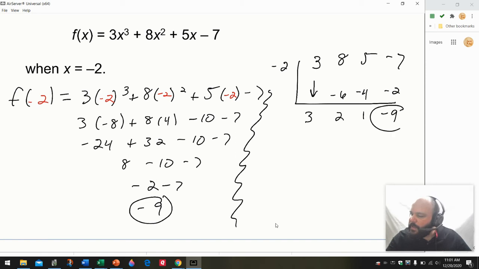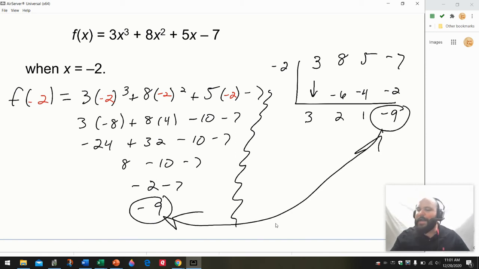What I want you to see is that the remainder matches what we got when we put negative 2 into the function. And so one of the cool things about synthetic division is that you can use synthetic division to evaluate big functions at numbers, and it's much faster.